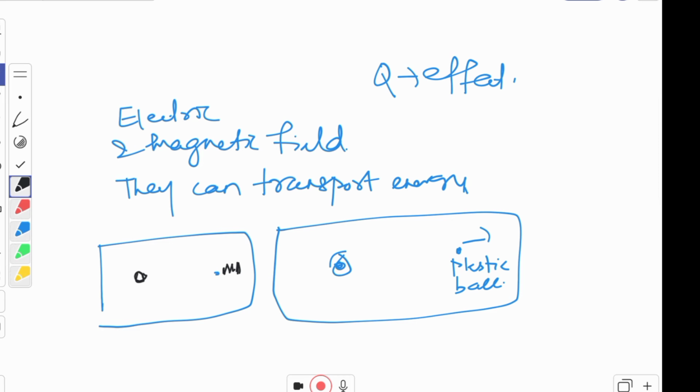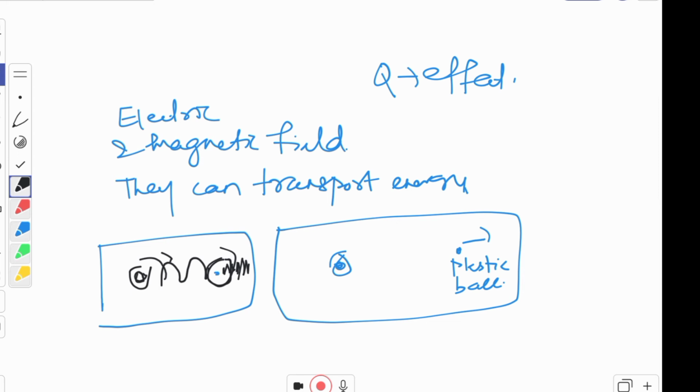Why? That means when I throw the stone, a wave is generated. This wave travels and reaches the ball, and when it reaches the ball, the ball will also experience a motion, an oscillatory motion.